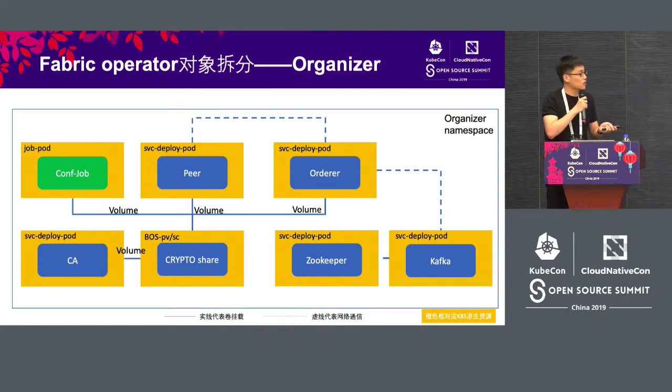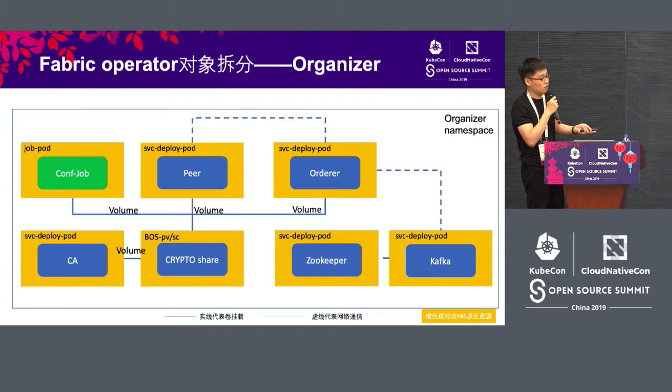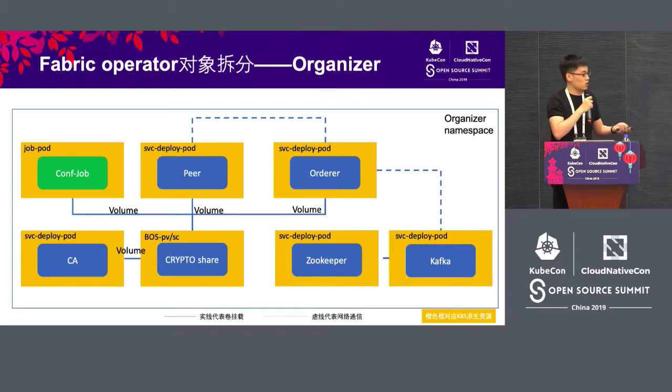We can say that the organizer has the namespace, and then we will deploy the peer and then the orderer. All those modules are started via Docker. The dotted line is about the network communication, while the solid line is kind of like volume relations.